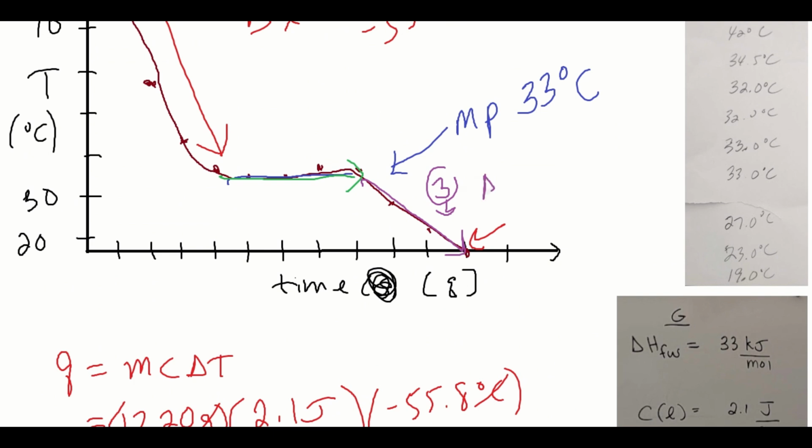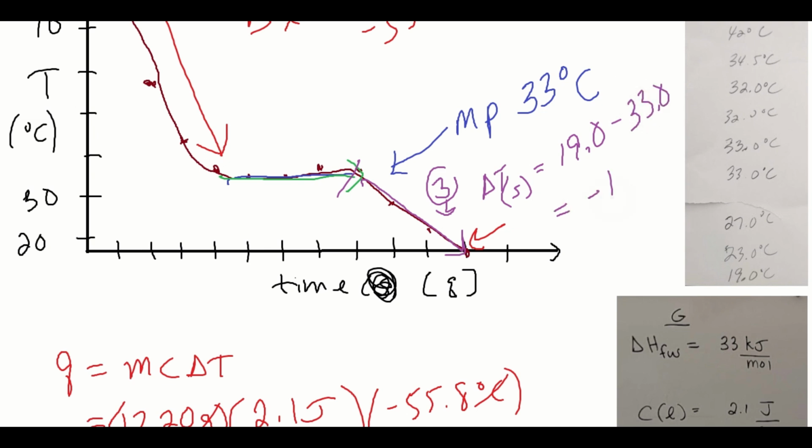The change in temperature in the solid form is our final, which is 19, minus the initial part of that journey, at the melting point, which is 33.